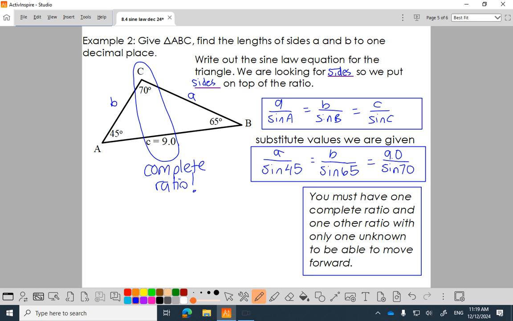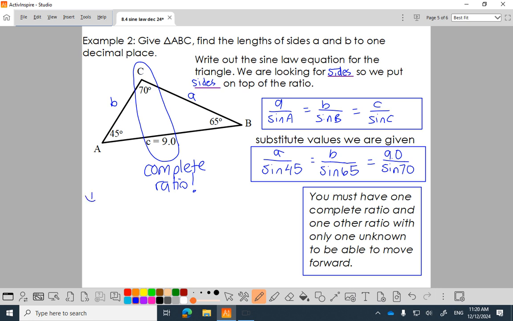Can you solve for two unknowns at the same time? No. Does it matter if we solve for A first or B first? Also no. I'll just do A first because that's first. Remember, you can manipulate the sine law. We can write two different four-term ratios.